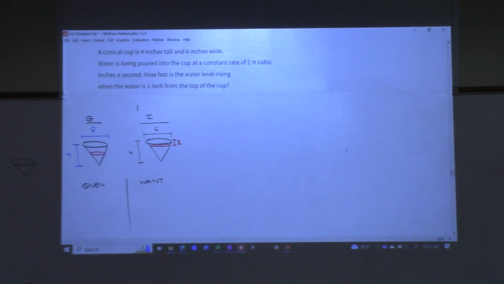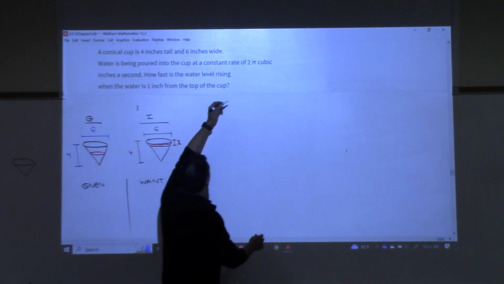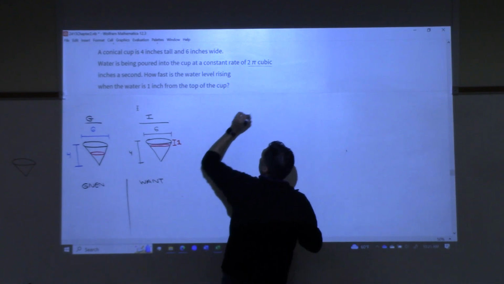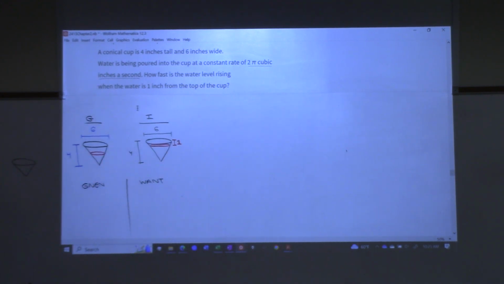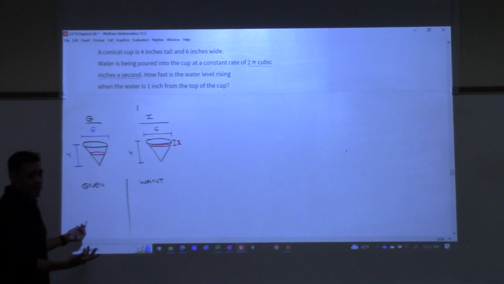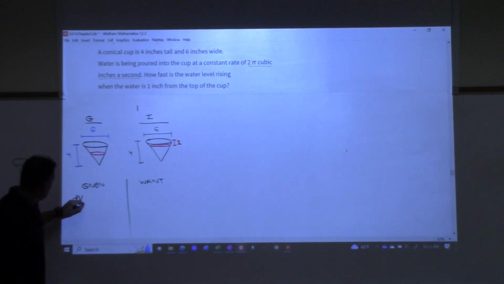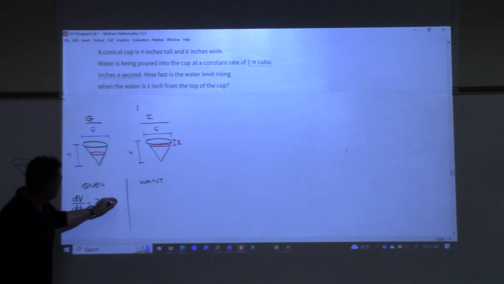We're pouring in at a certain rate, right? The rate that we're pouring in is 2 pi cubic inches a second. That is the change in volume every second, right? So that's what I'm given. I'm given the change in volume with respect to time to be 2 pi, which is weird, cubic inches per second.